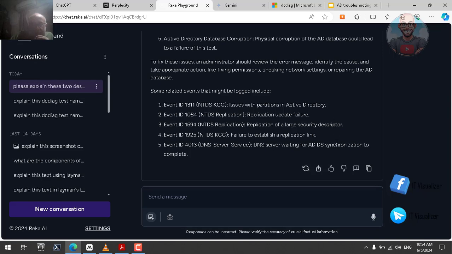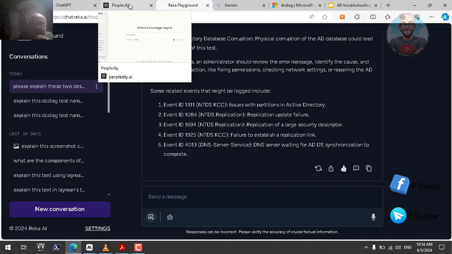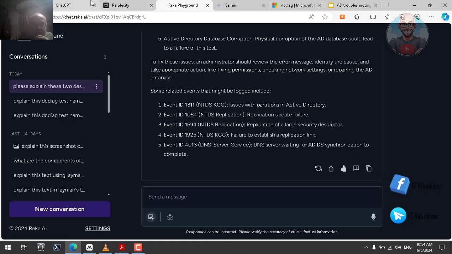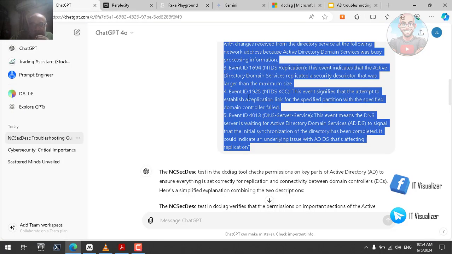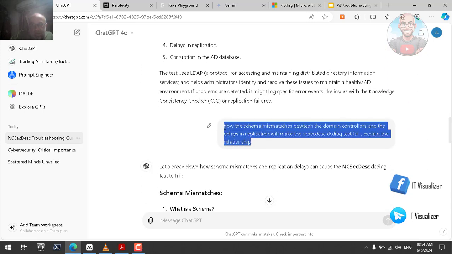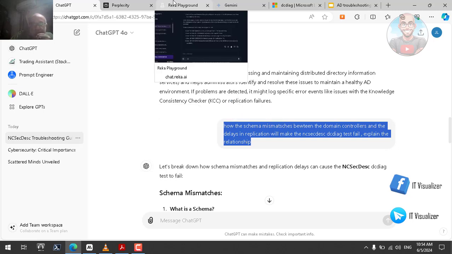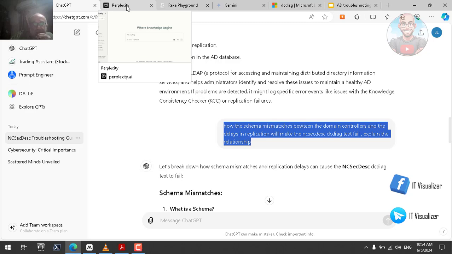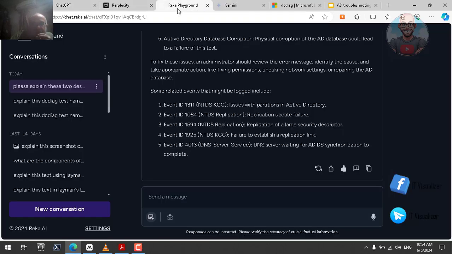Yeah, good answer. Even though it's not that summarized, he is combining the two in a very straightforward way. But let's ask it the same question here. So let's add the relationship between the mismatch and the replication delay, and how this will affect the tests.